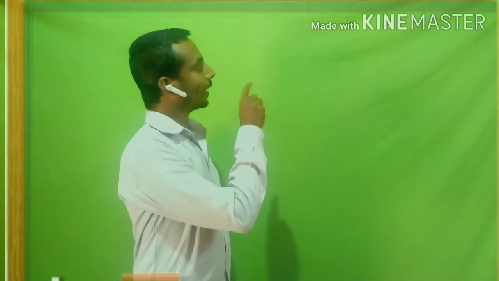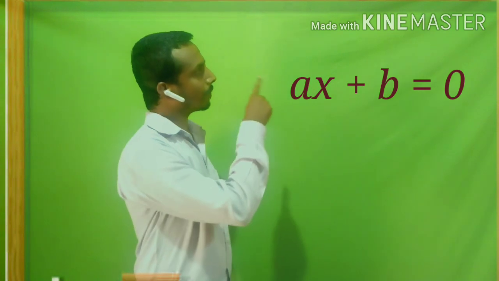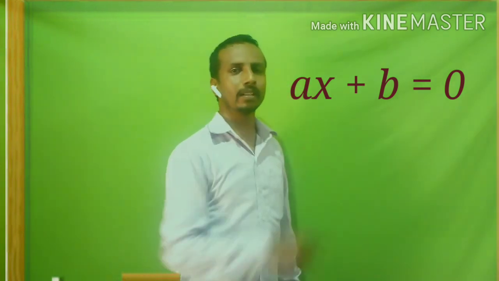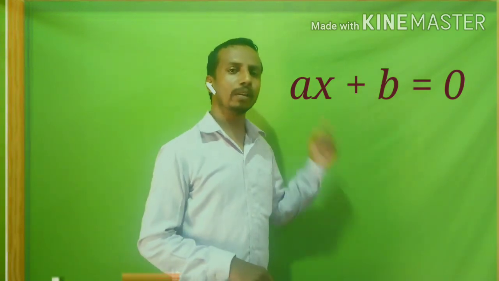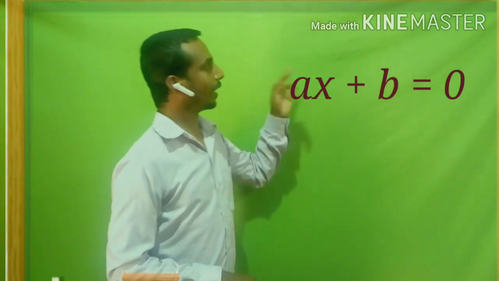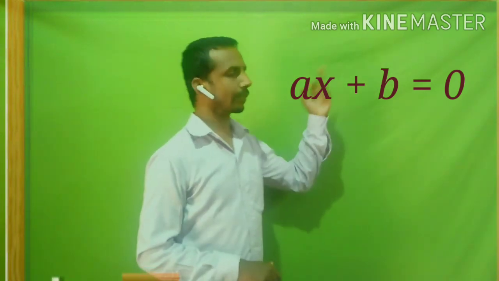That simplest form is ax plus b is equal to 0. Here a and b are any two real numbers and x is a variable.